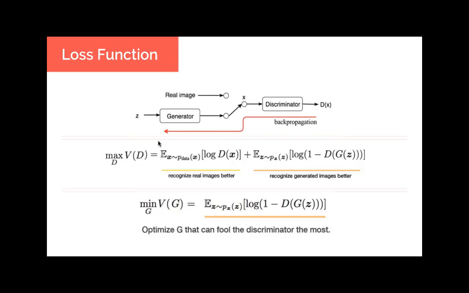So this one is the cross entropy loss function. You may recall it from week 5 or week 6. The first one we're going to calculate is the loss of the real image passing through the discriminator. Let's focus on that first.